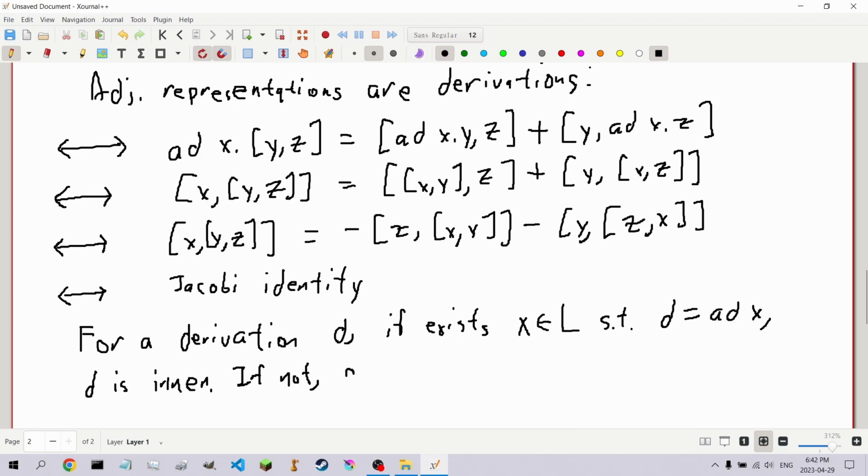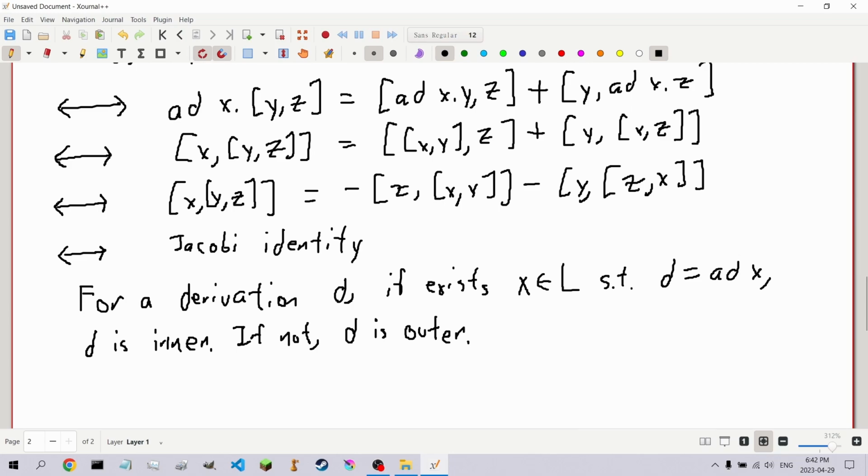If not, D is of course then going to be outer. And so we have now, of course, that we can think of this adjoint representation as a function going from L into the algebra of derivations of L.